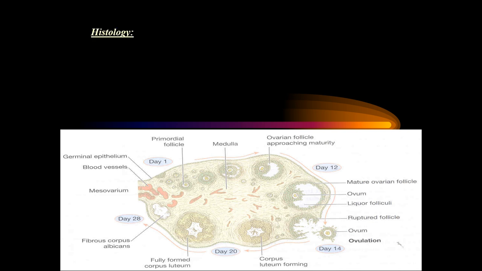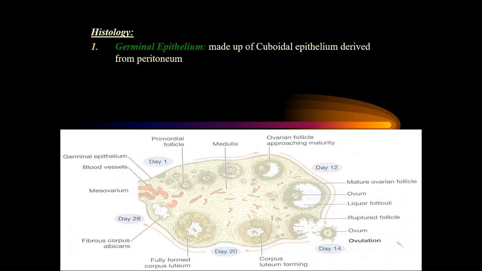Coming to some of the features of the histology, we will not go into details, that will be studied in the histology of the ovaries. Here just a brief intro for the same. Okay, the ovaries, as you know, are lined by the peritoneum, as we have already seen. It is completely lined on all sides except near the anterior border where there is the meso-ovarium.